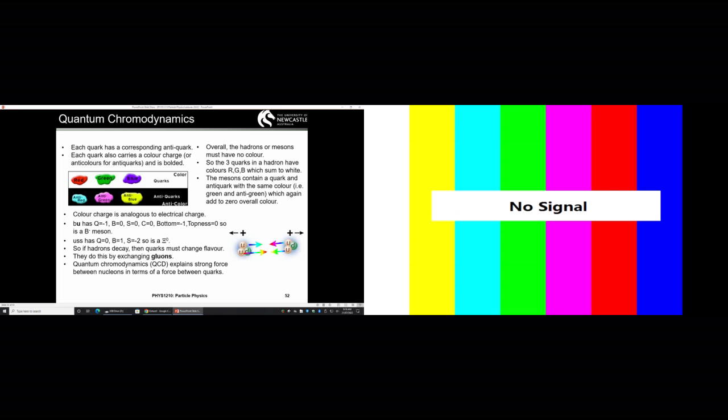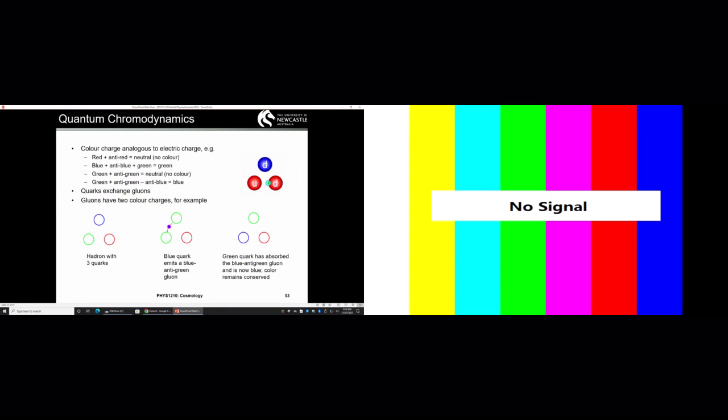Turns out that is not correct, and our current picture is that the strong force is mediated by the exchange of gluons. Gluons are the particle that makes the strong force work, and it's by hadrons exchanging these gluons that they are held together in the nucleus, and when that happens, the quarks change between ups and downs.